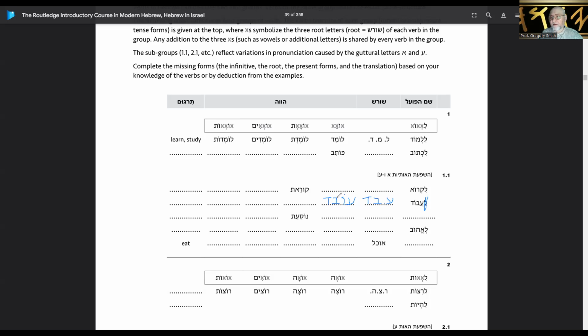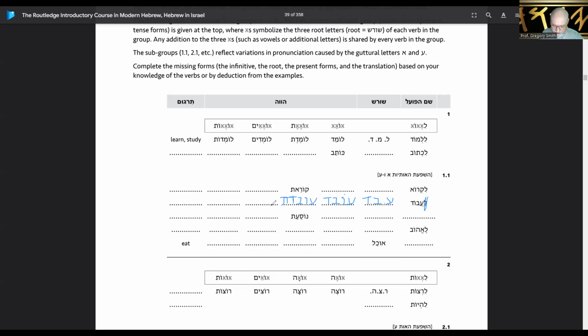So it would be like hu oved, he is working. And then the next one would be ovedet. That dalet is not the best that it could be. But ovedet would be like at ovedet. You are working. Feminine, singular.